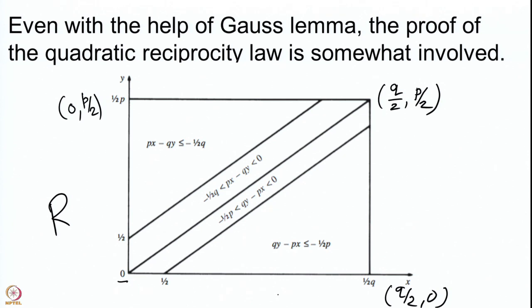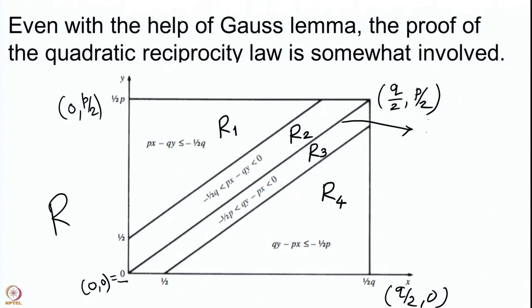R stands for rectangle. We decompose it into 4 parts. So, we have R1, R2, R3, R4 going from top to bottom. These are 4 parts, we are not taking these slanted lines, but let us look at the slanted lines. So, what is the equation of this slanted line? The point 0 0 belongs to this line and the point (q by 2, p by 2) is also there on the line.